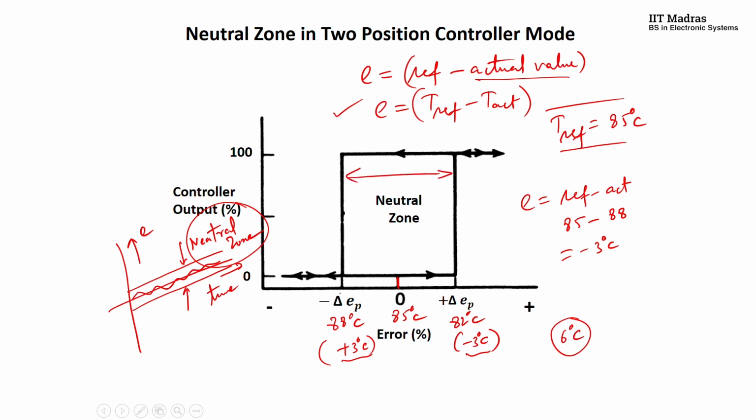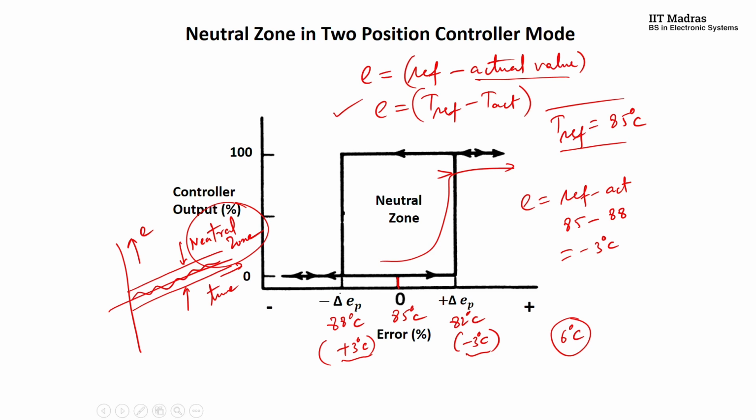You are not performing any control action. That means your output will still remain at 100%. So initially, when the temperature is dropping below 82 degrees, that means the difference is going more than minus 3 degrees, so you are switching on the heater.